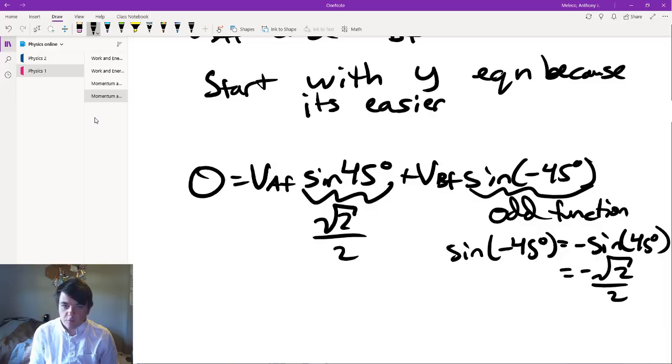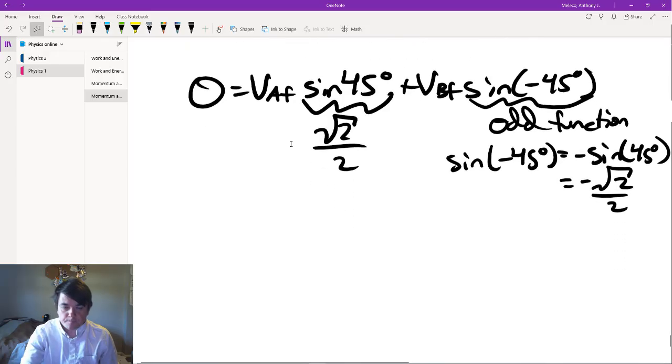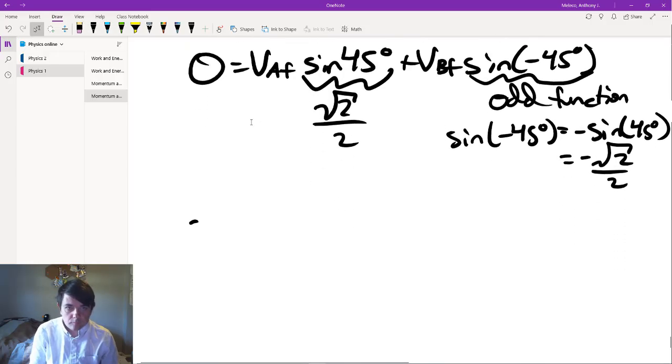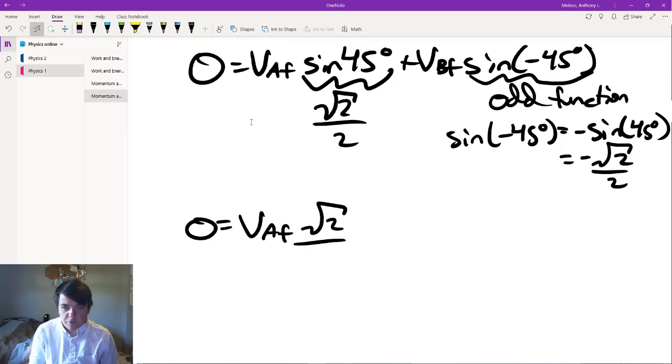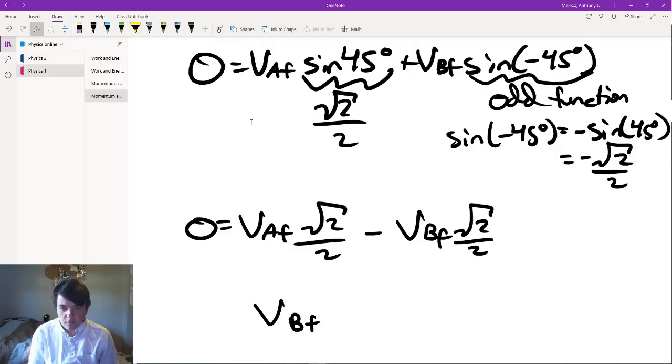So I'm going to rewrite this as 0 equals VAF root 2 over 2 minus VBF root 2 over 2. Now I'm going to add this to the other side, so you get VBF root 2 over 2 equals VAF root 2 over 2.